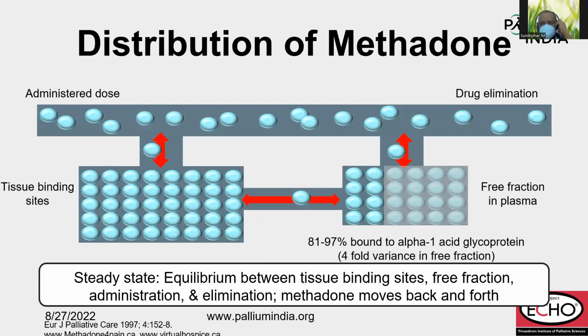Whereas if the patient is elderly or has liver problems, it will take more time, maybe up to 2 weeks. So in elderly patients and patients with liver disease, you have to wait up to 2 weeks before you increase the dose of methadone.